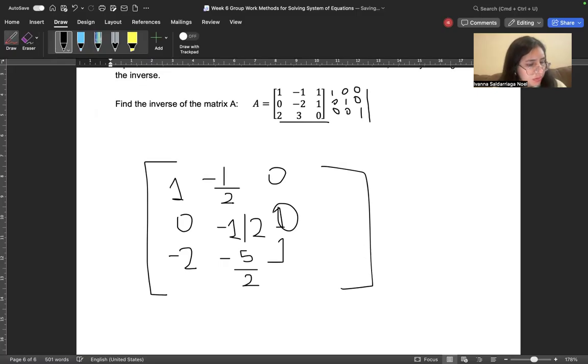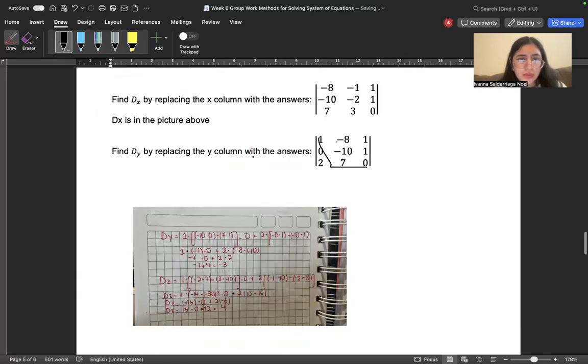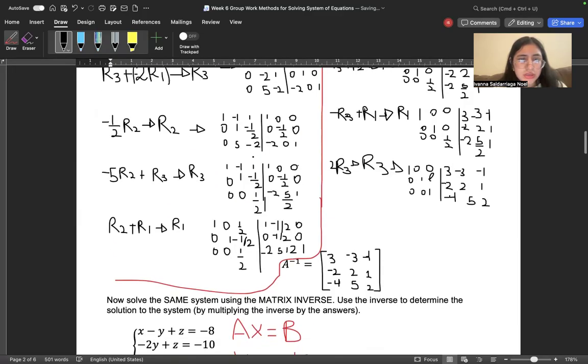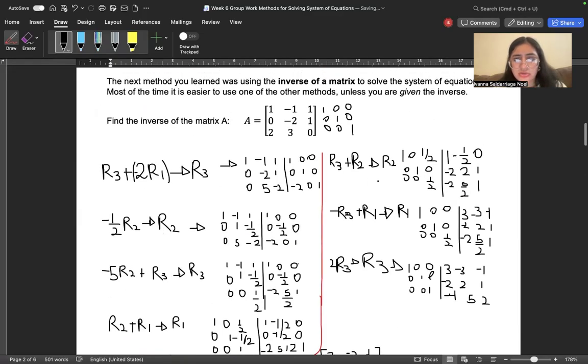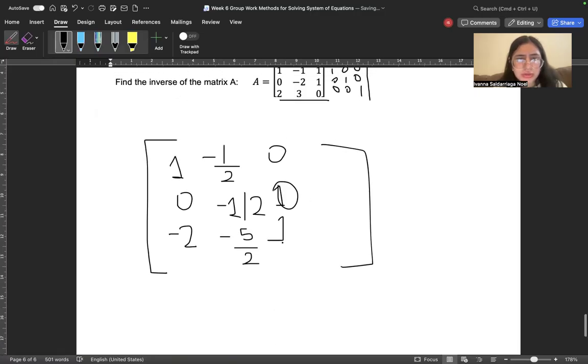Yeah, I'm still guiding with my cell phone. Minus, minus, minus, and then I did R3 plus R2, R3, row 3. What number is this? Oh, this is 1. Sorry.